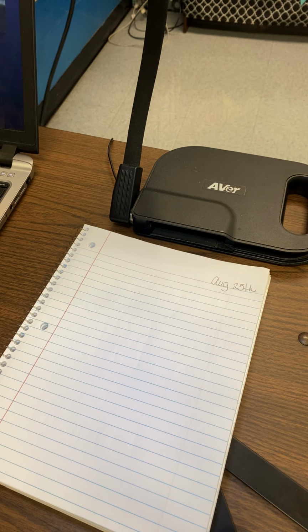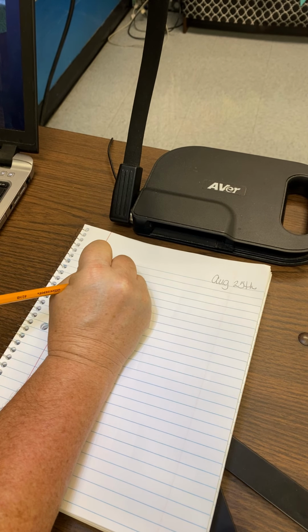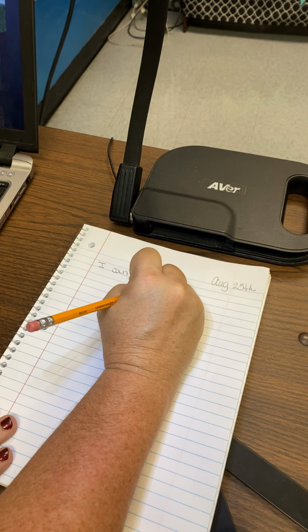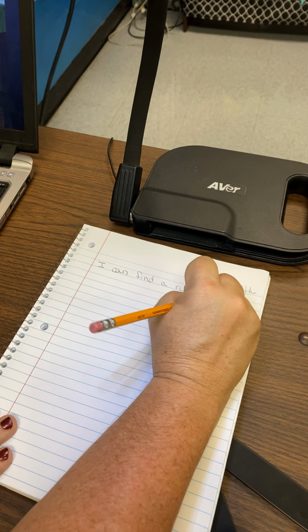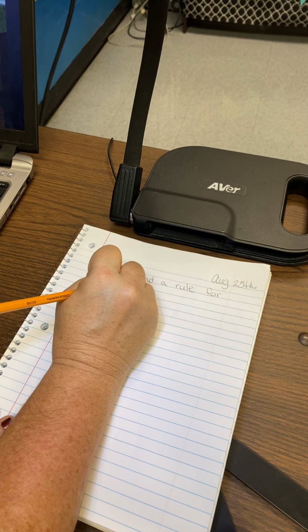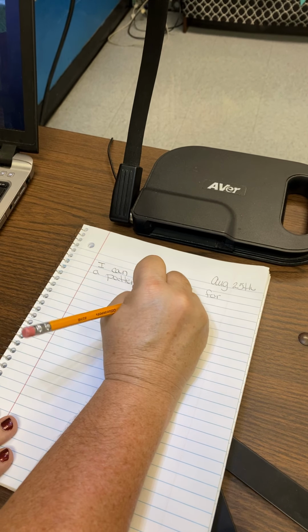All right, are we ready? So we have August 25th on the top of our page, and our I can statement for today is I can find a rule for a pattern and make an equation.